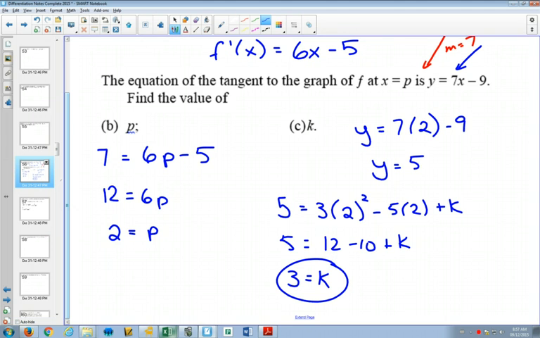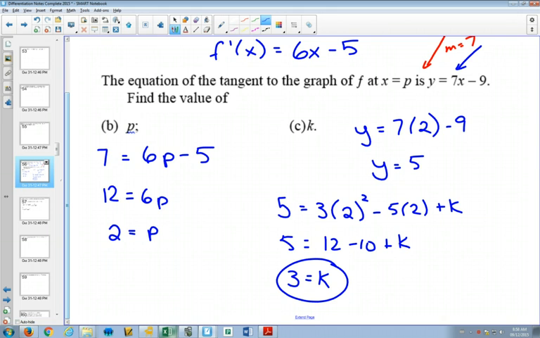So the first questions that we did where I take my derivative to find my slope, I use a point that it's the derivative at and that slope to find my equation of the line. I have to be really good at that so that when I get this question that's asking the same idea in a different way, I can think about what's the process I normally take, and then how is the information that I'm given, let me work backwards, let me fill in the spaces that are missing.